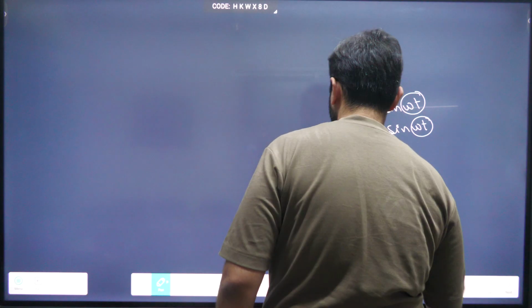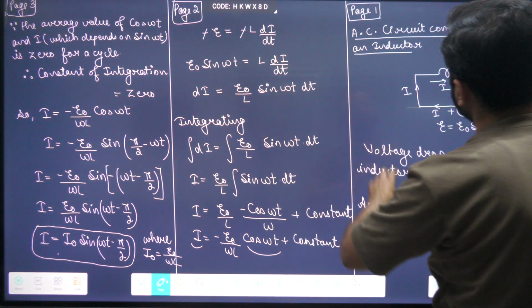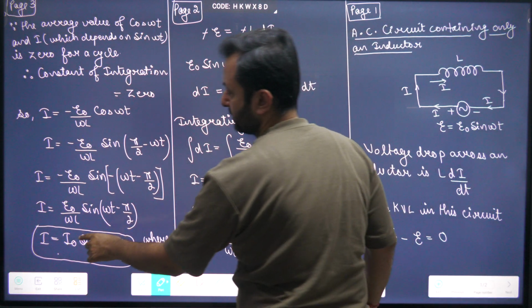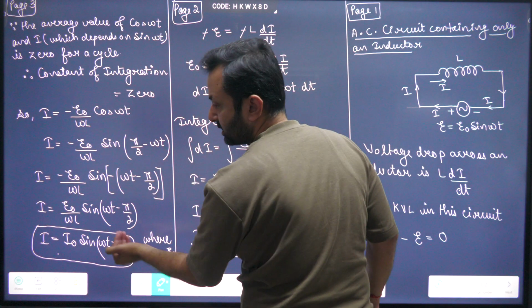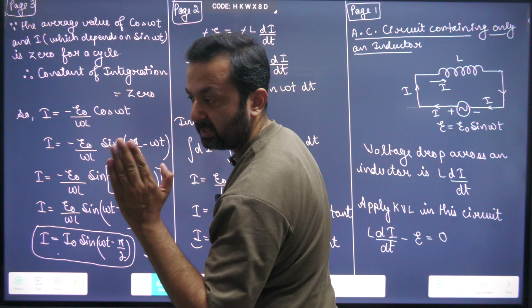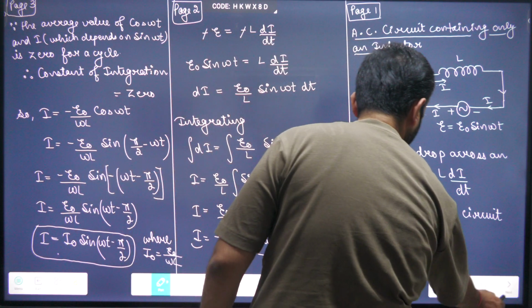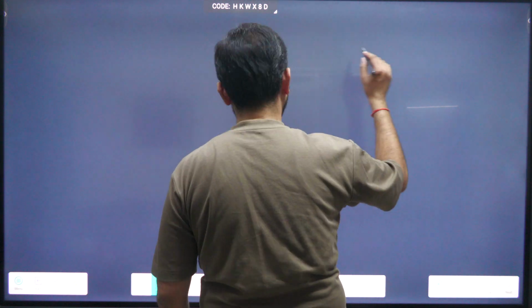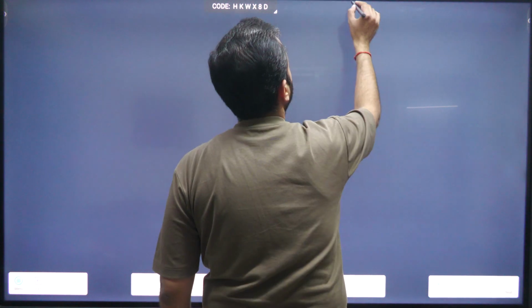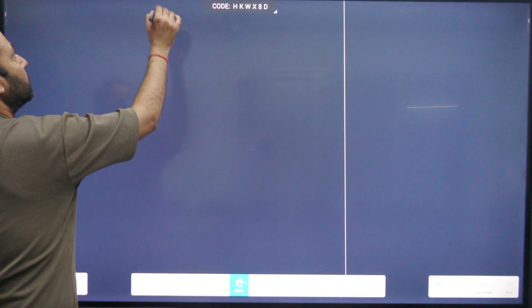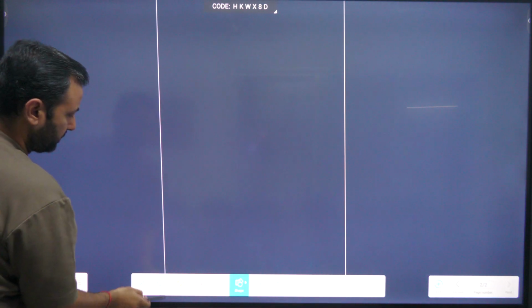But in the inductor's case, EMF is E naught sine omega t, meaning the angle is omega t, and current is I naught sine omega t minus pi by 2. It means that current is lagging behind the voltage by pi by 2. Is this clear to you? Are you there? Is this clear to you? Yes, sir. Okay.